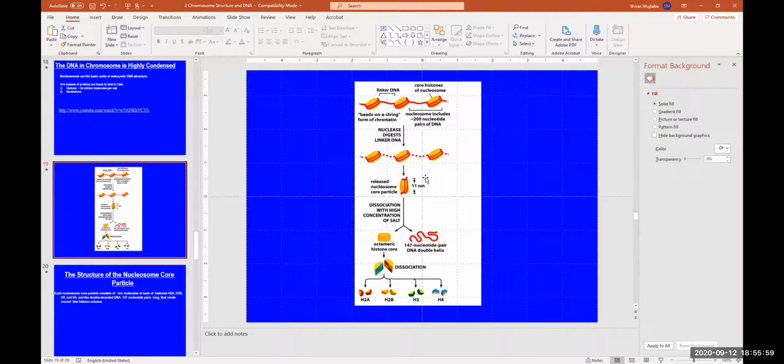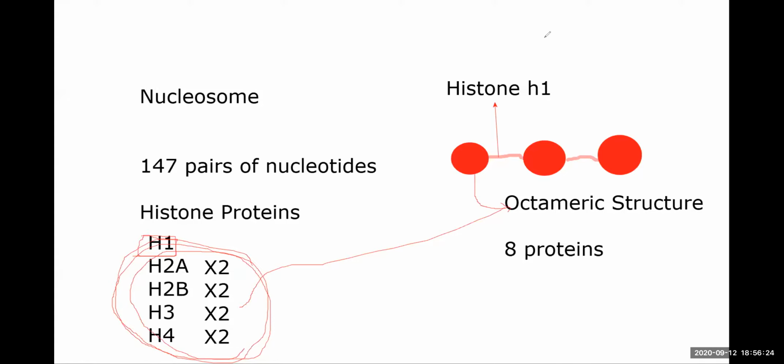Now you can ask me how I know that this is 147 base pairs of DNA. This was possible with the help of an enzyme called micrococcal nuclease. This micrococcal nuclease is a very unique enzyme.